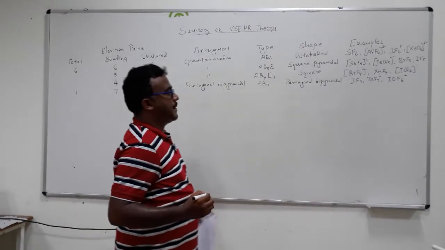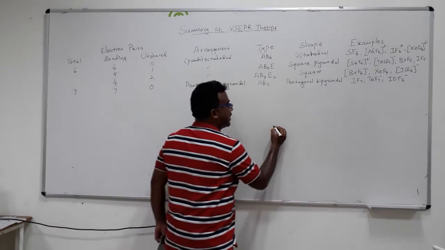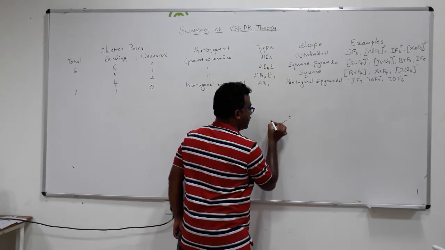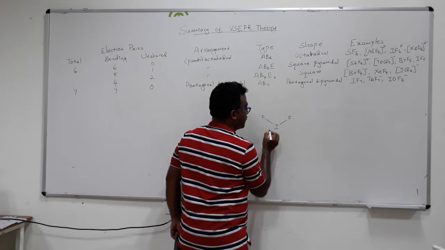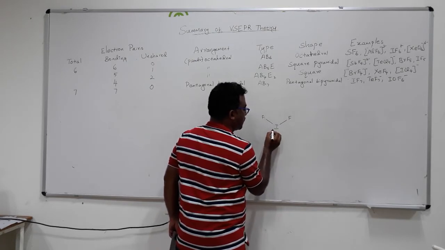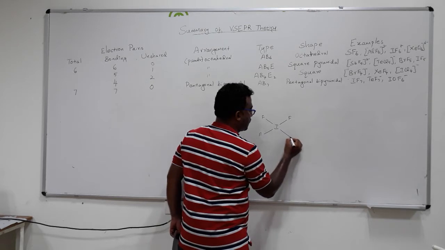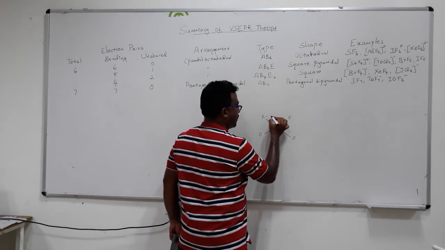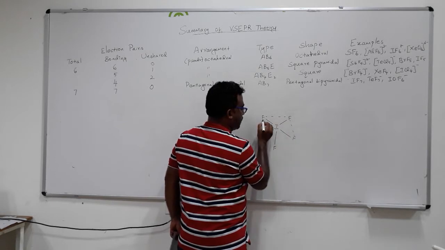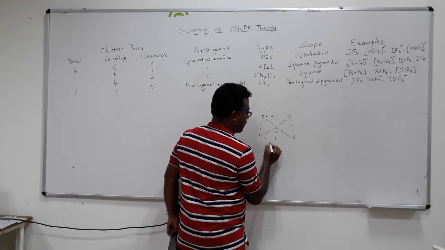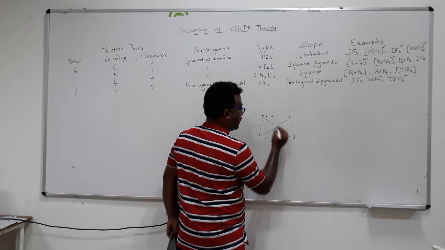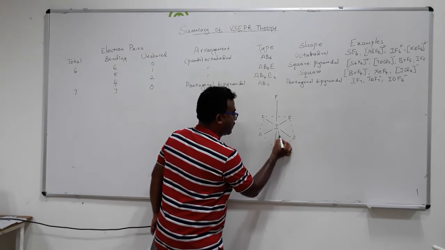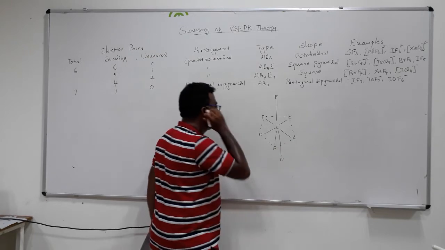So pentagonal bipyramidal, how does it look like? Maybe I can draw it for iodine heptafluoride.